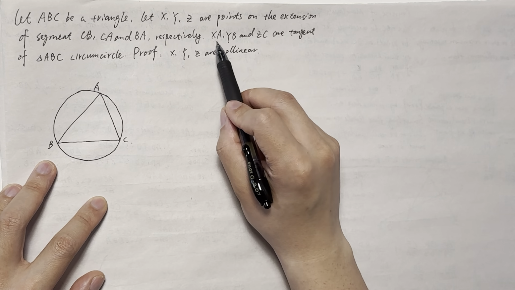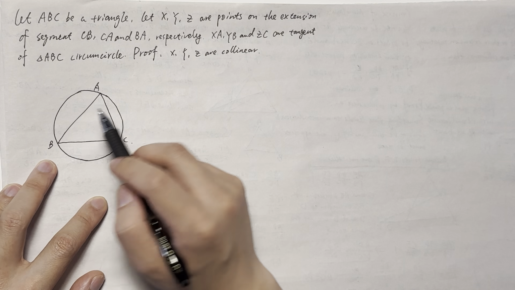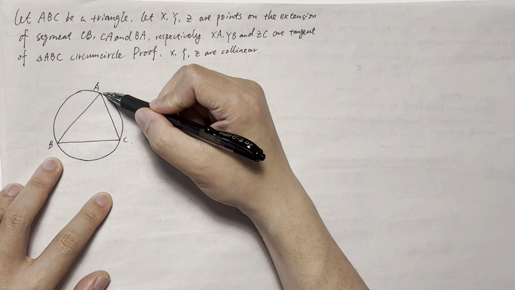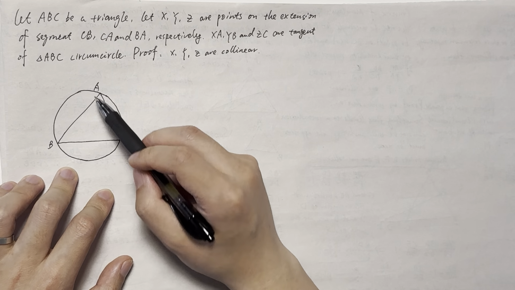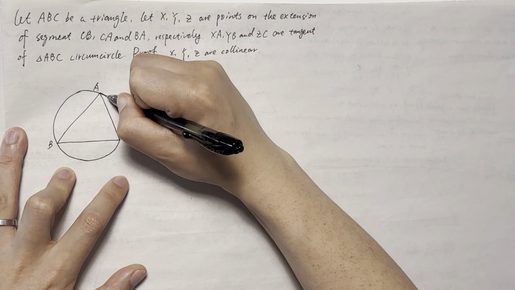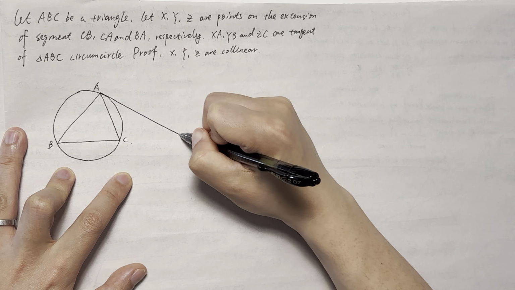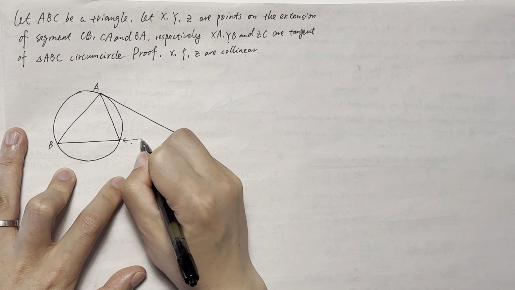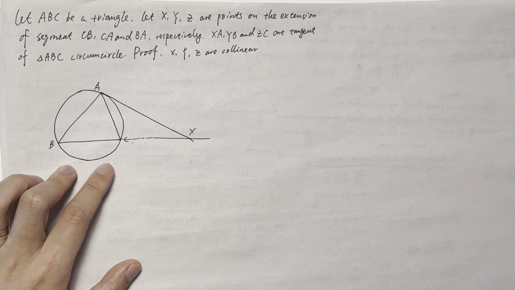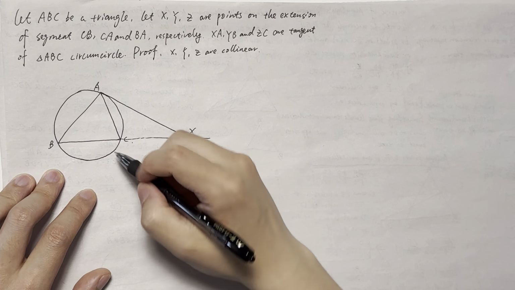But we know that X is on the BC line, and XA is a tangent of the circumcircle. So we draw the tangent first, and we know it's on the BC line. So the intersection point is X, and we draw the others.